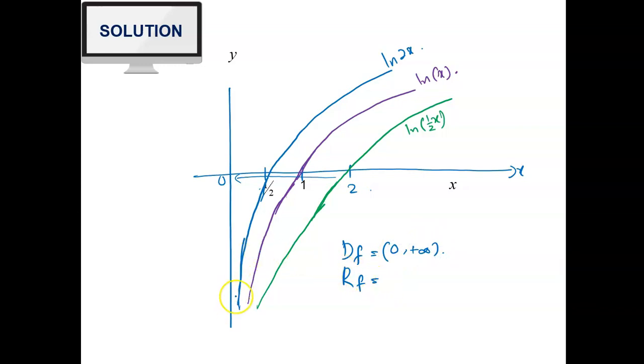And for the range, the values of y go from negative to positive infinity. So the range is all real numbers.